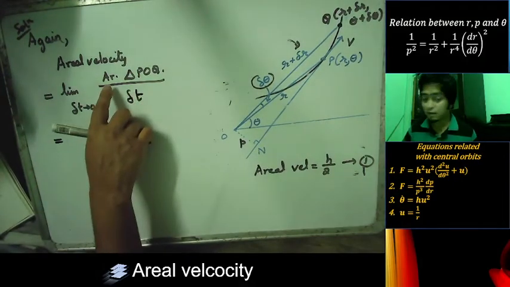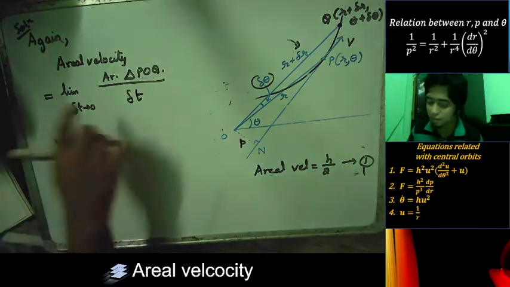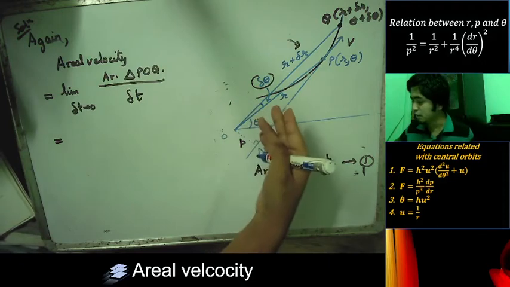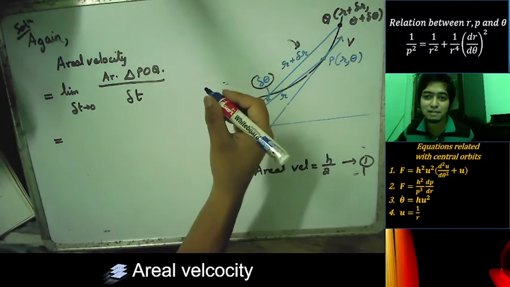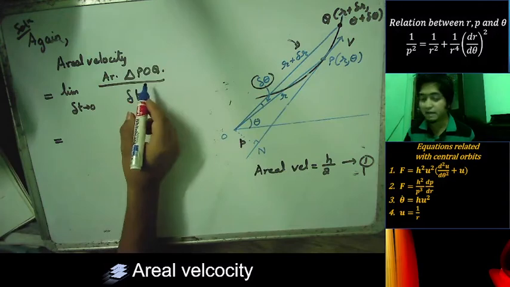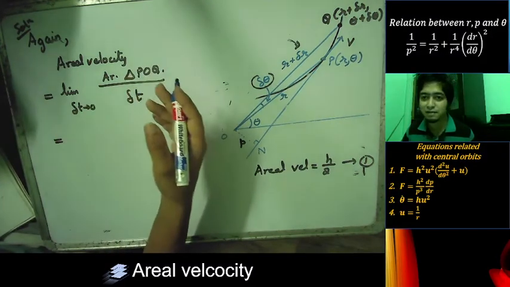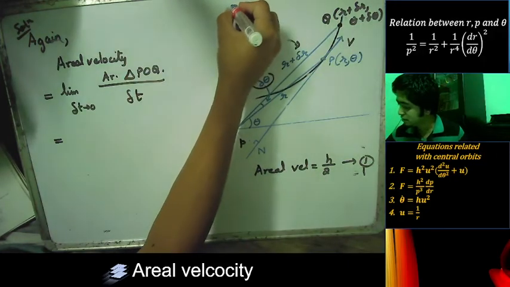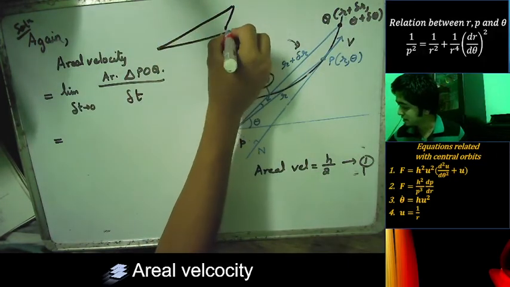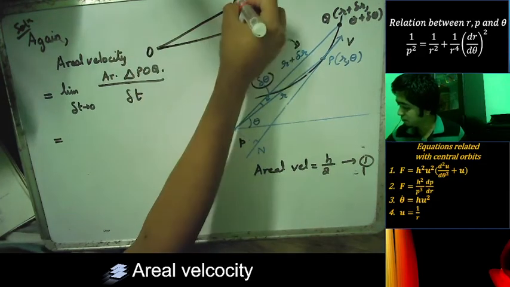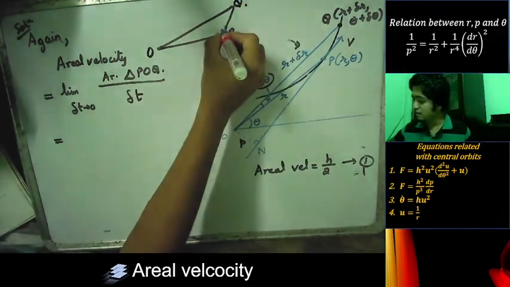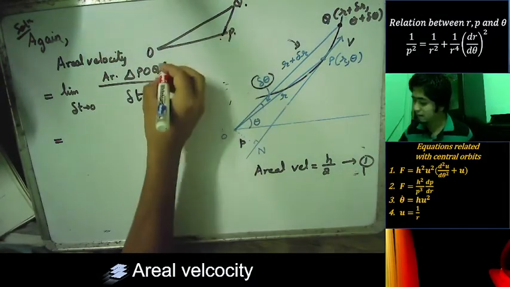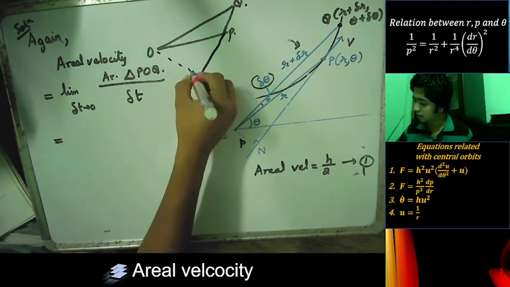Last time, just before this, we had calculated the area of the triangle by using the cross product. But we can also use the very simple formula that area of a triangle is equal to half into base into altitude. Keep note that P and Q are very close to each other, so you will have some kind of a straight line like this, POQ.